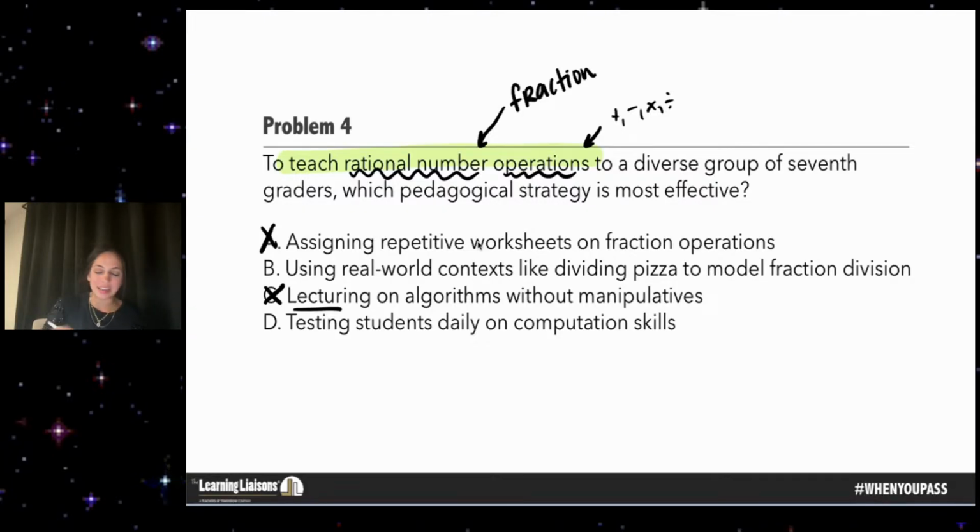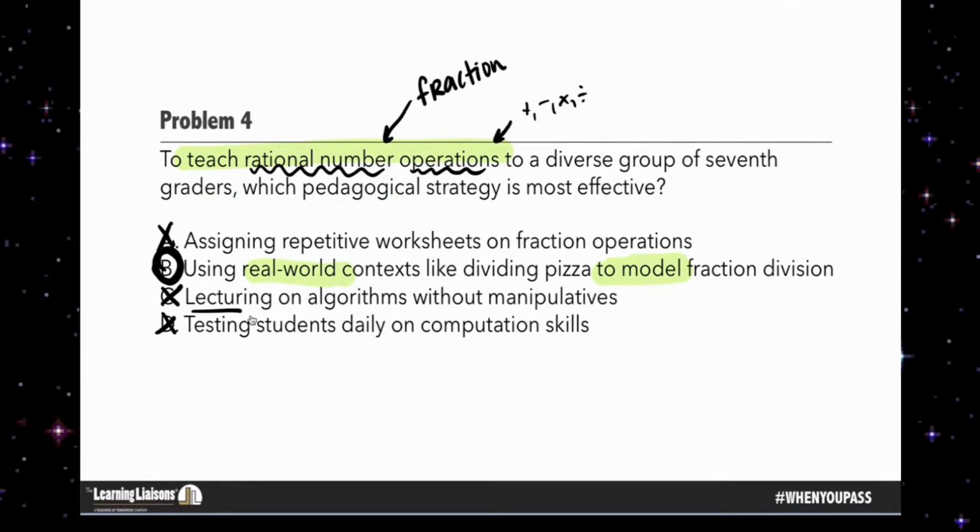Testing students daily on computation skills, not going to be my best option either. Using real-world contexts to model that rational number operation, absolutely, all day, a great strategy. Let's go ahead and move on to the next problem.